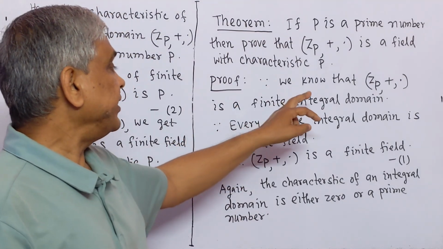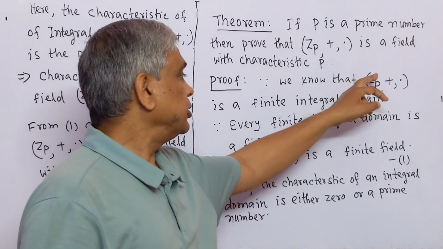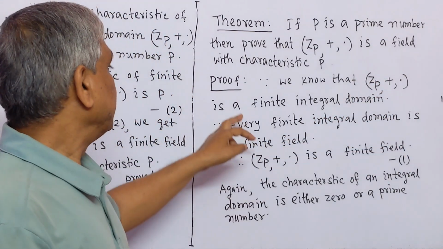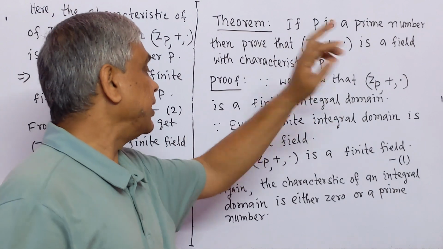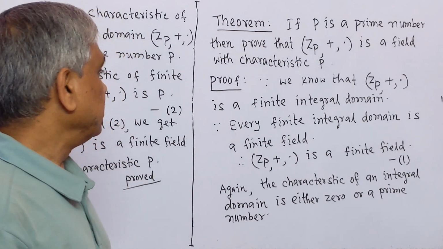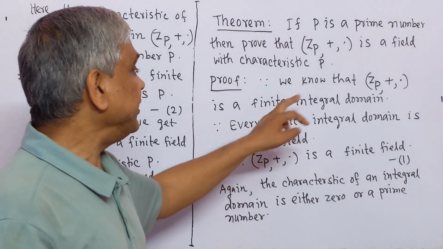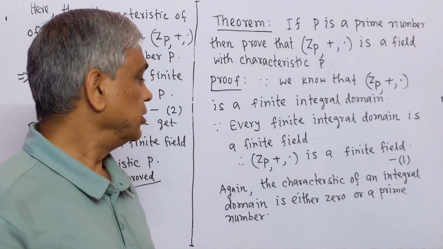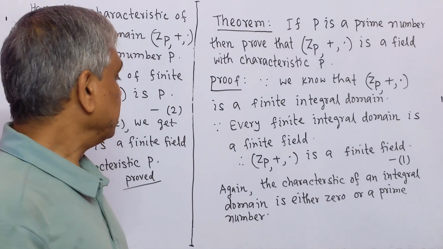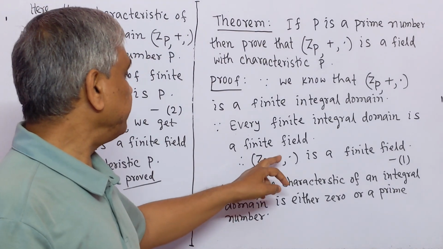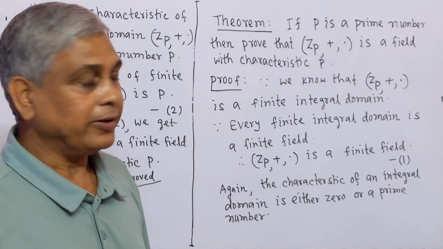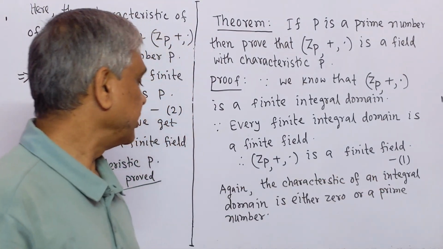Since we know that Zp with addition and multiplication is a finite integral domain, and since every finite integral domain is a field, therefore Zp with addition and multiplication is a finite field. This is number 1.